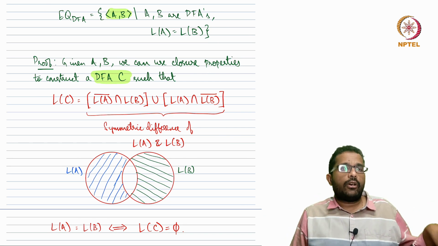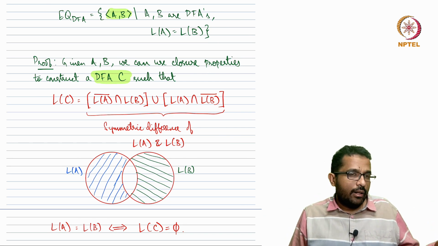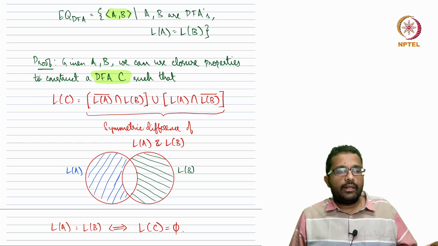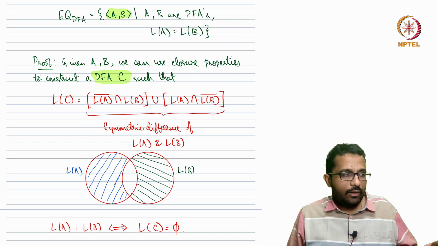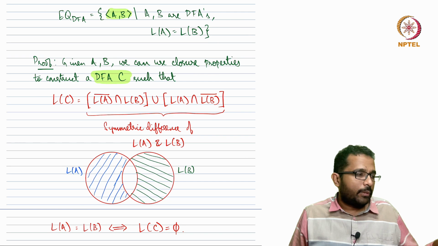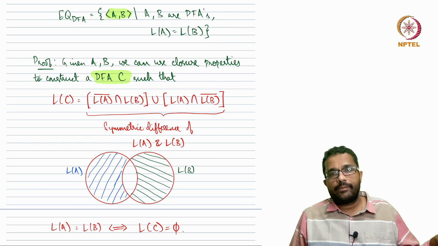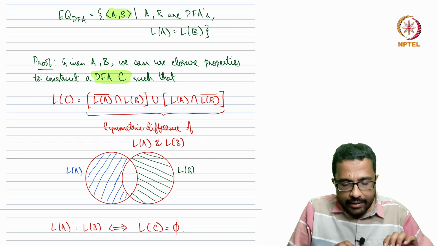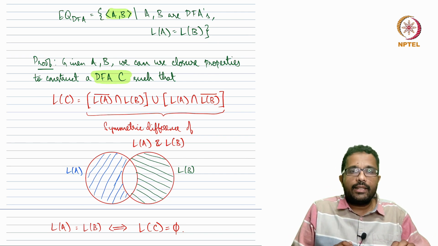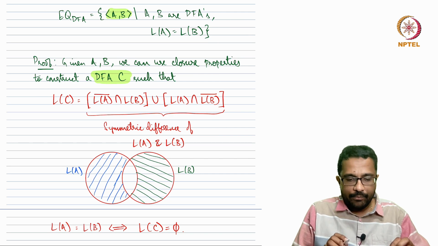So if you remember all the closure properties, we proved them constructively. So to show that regular languages are closed under complement, we explained how to construct a DFA that recognizes the complement language, right? So we can make such a DFA C that accepts the symmetric difference of LA and LB.